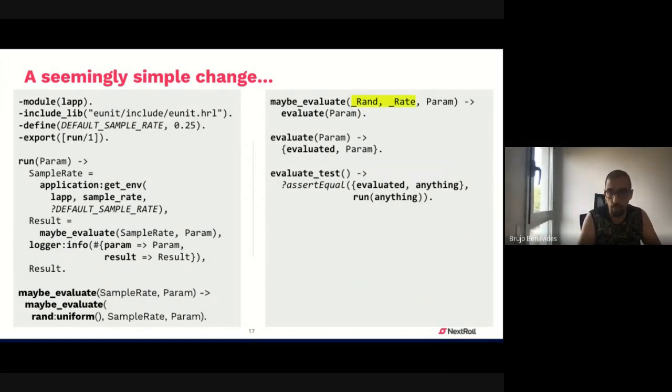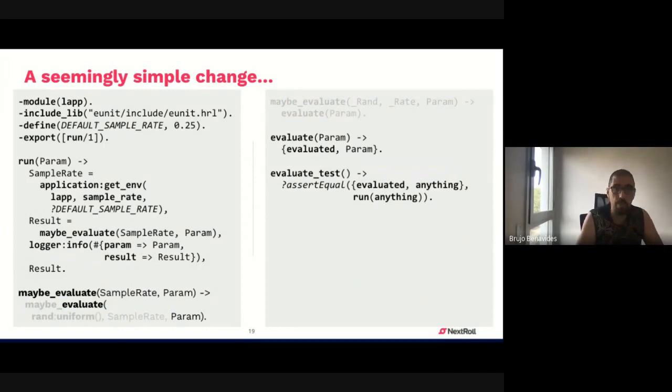But if you remove these two, maybe evaluate and evaluate are actually the same function, so you can just remove maybe evaluate with an arity of 3. And you have to remove it from the place where it's called. And as you can see here, you are also removing unnecessary computation, the computation of the random value.